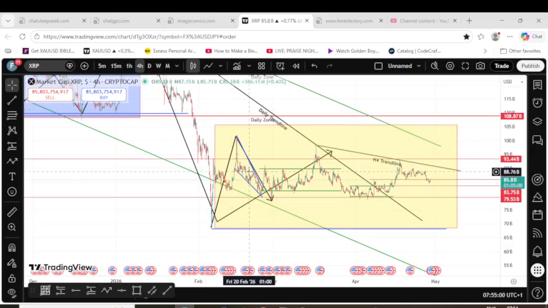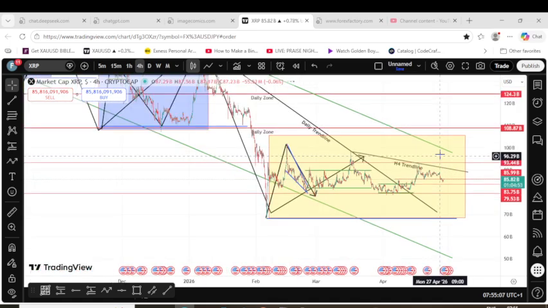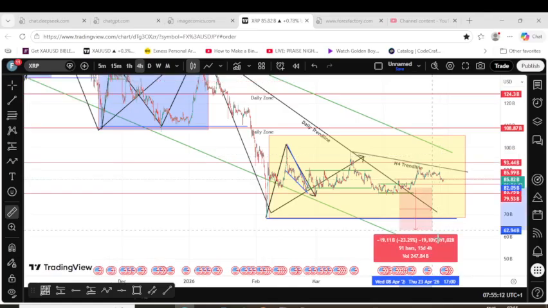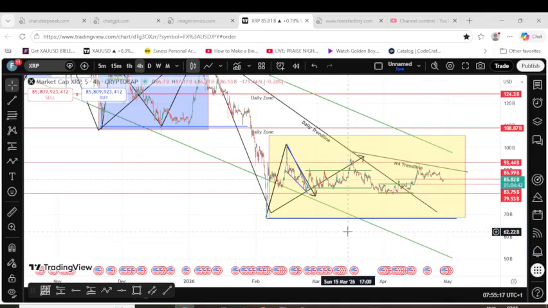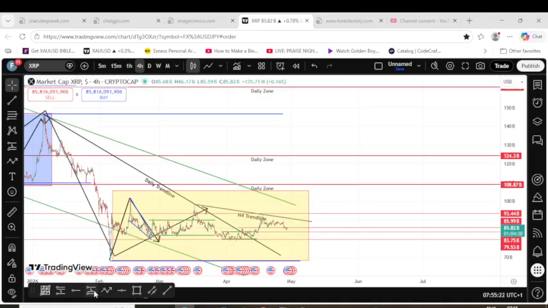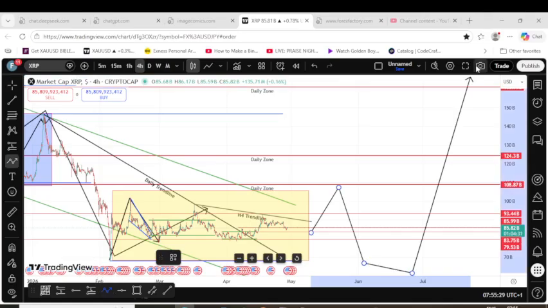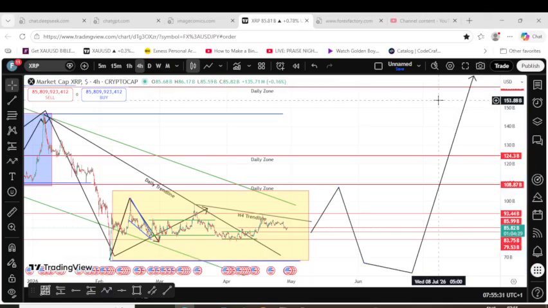But if we're talking about buying and holding in the long term, I would actually say you should buy XRP right now because, like I said in earlier videos, even if XRP's value goes down to 50B or even 20B, with the appearance of this daily slanted range, it's a continuation pattern. Price might go up or down in the short term, but ultimately price will go up in the long term. So if we're talking long term trades, you should absolutely buy XRP right now. That's it for now. Bye everyone.